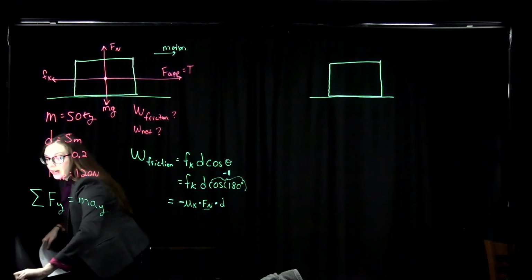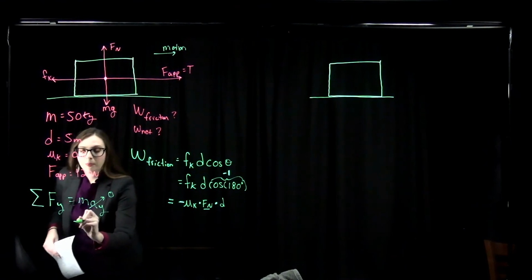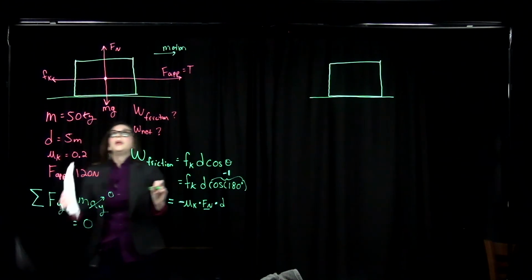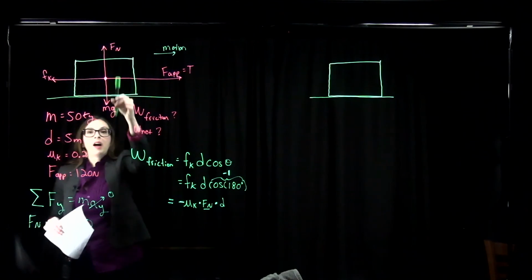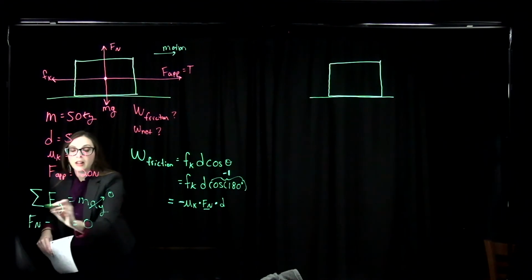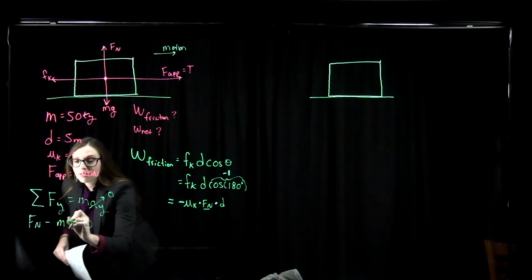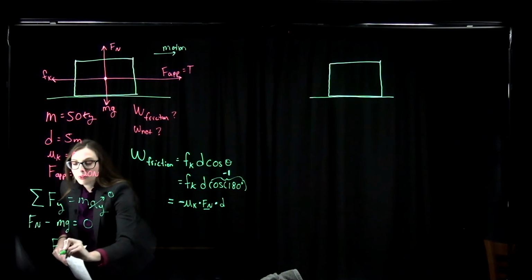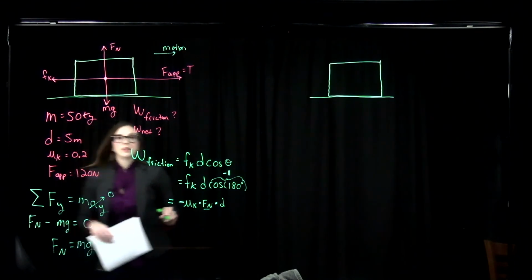We are not accelerating vertically at all, so that quantity is 0. In the y direction, we've got normal force upward, and our weight downward. So the left-hand side of this equation is the normal force minus our mass times gravity. So we just proved to ourselves that the normal force is equal to our mass times gravity.